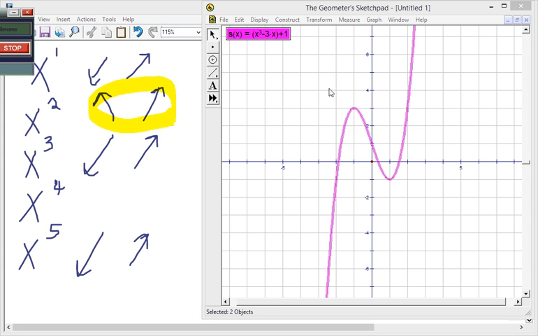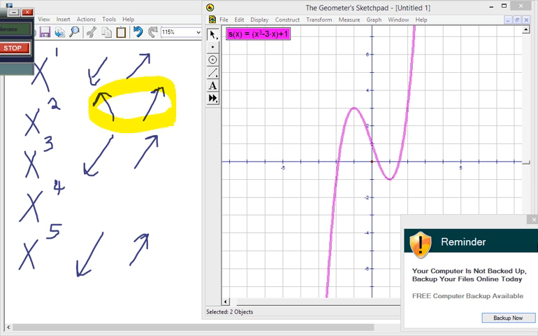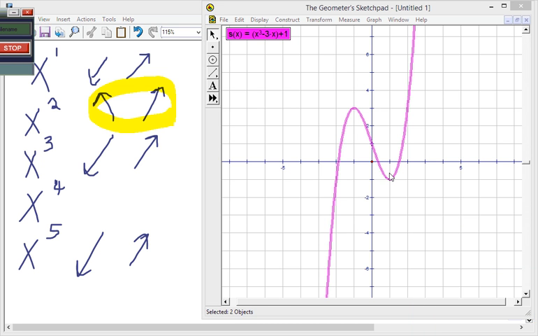So this is a third degree polynomial, and its end behavior is the same as x cubed. That's why we look at the degree of the polynomial, the largest one, the monomial, and that will tell us what the end behavior is going to be, even though in the middle it may do all kinds of different things.